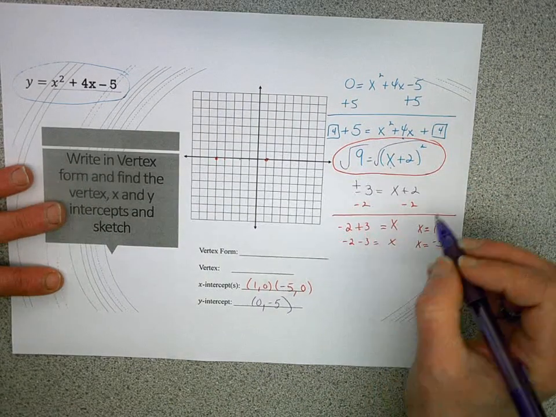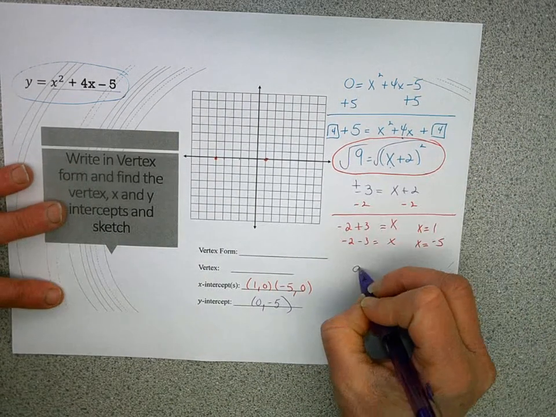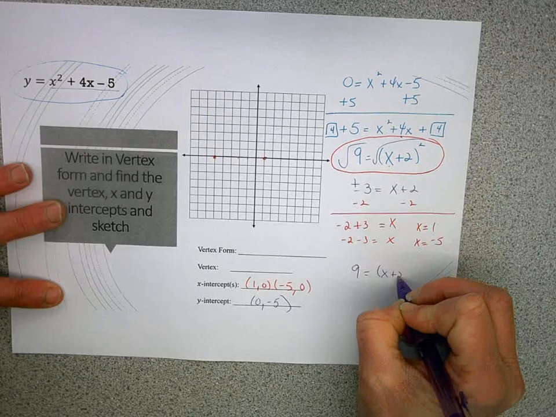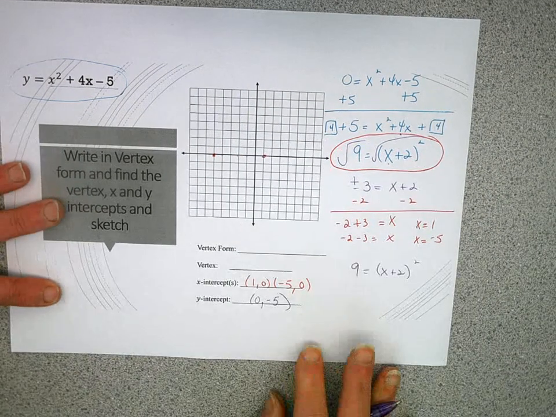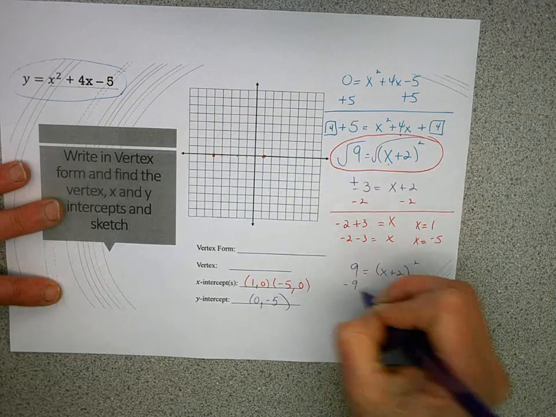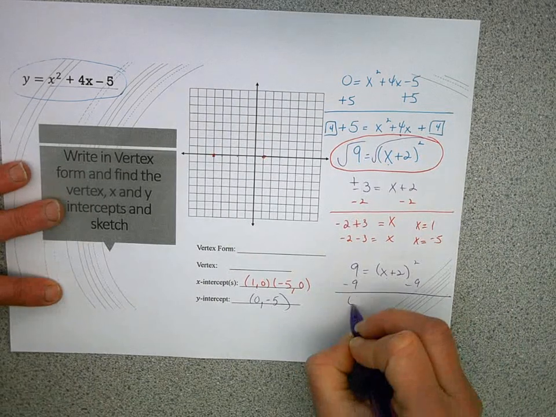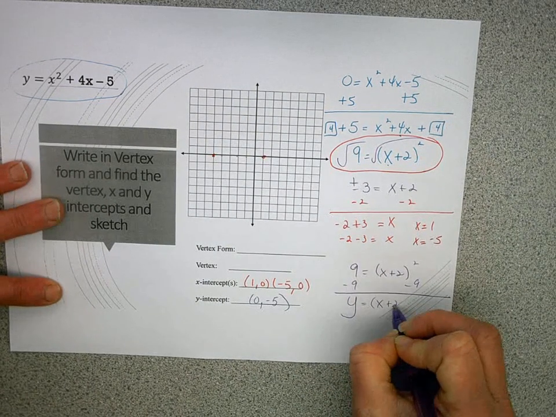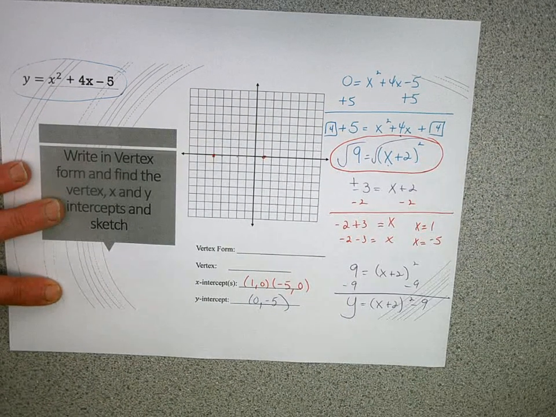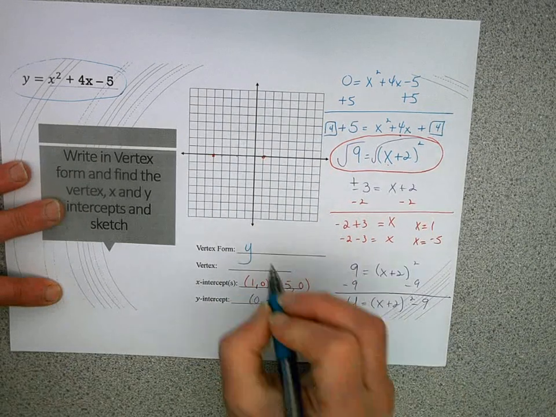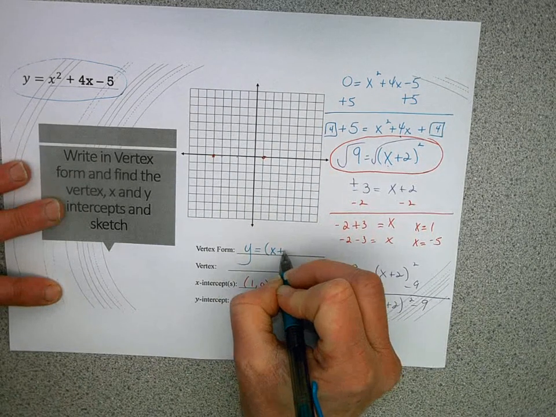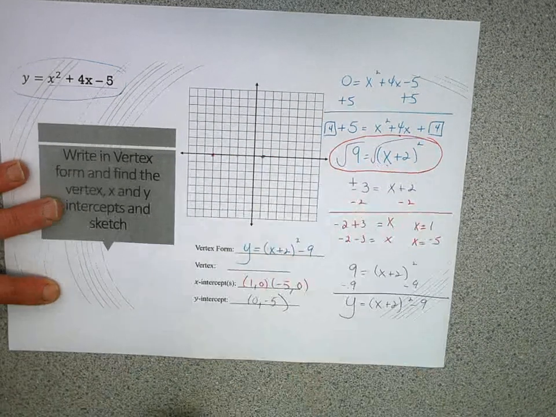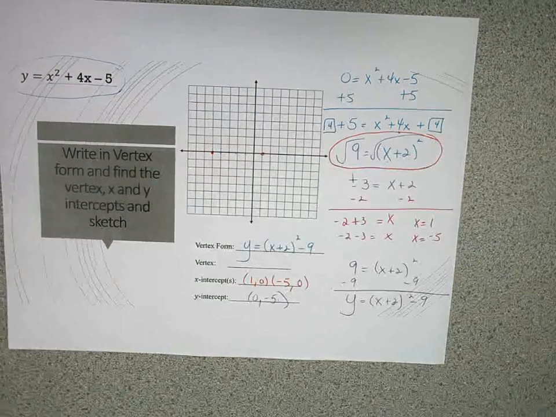So remember, I had 9 equals (x + 2) squared. To write that in vertex form, you're going to move the 9 over, and you have to write it as an equation. My bad there. So vertex form would be y equals (x + 2) squared minus 9. Just make sure everything comes together here.